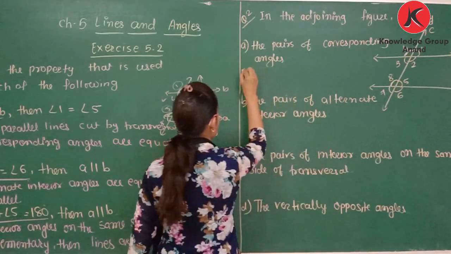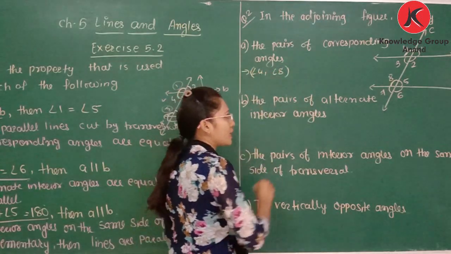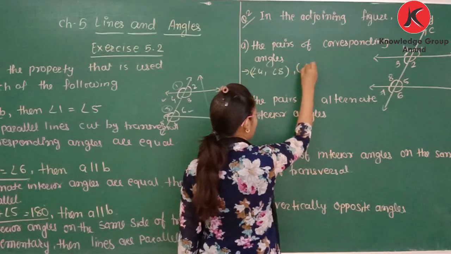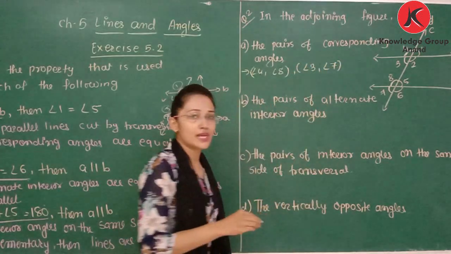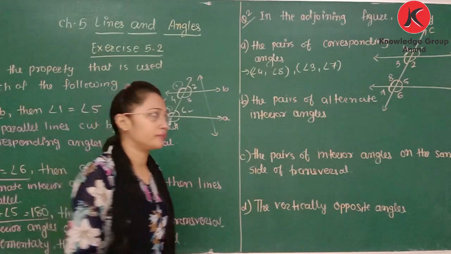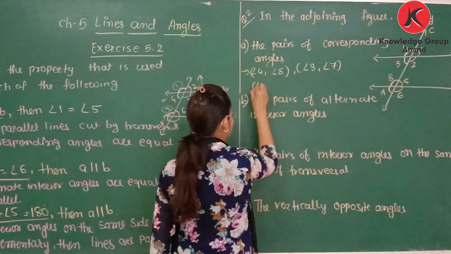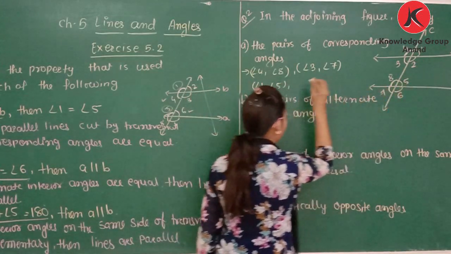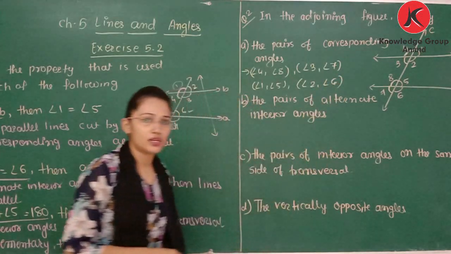So we can write the first pair: angle 4, angle 8. Now the second pair: angle 3, angle 7. Corresponding angles means at the same position on two lines. So here angle 1 and angle 5. And the last pair is angle 2 and angle 6. These are all the corresponding angle pairs.